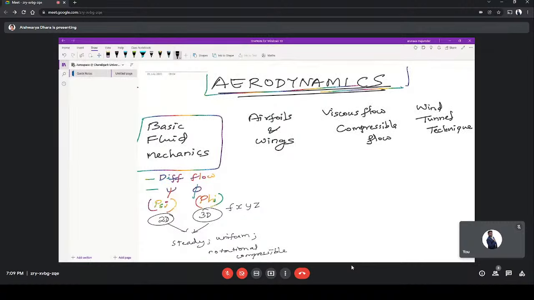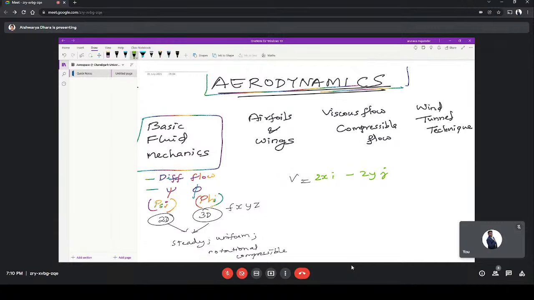There may be an equation like v equals 2x i minus 2y j. They give this equation and ask you to identify the flow, whether it is rotational compressible or rotational incompressible, and there are many varieties.